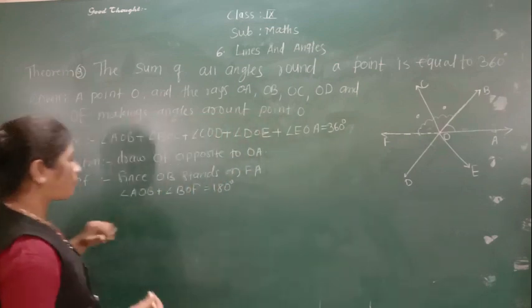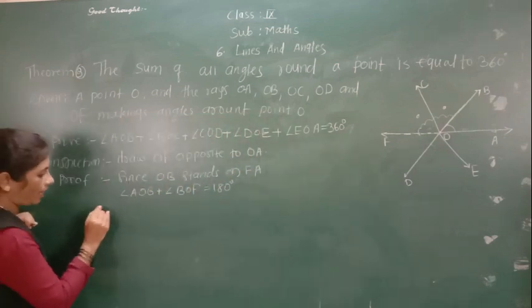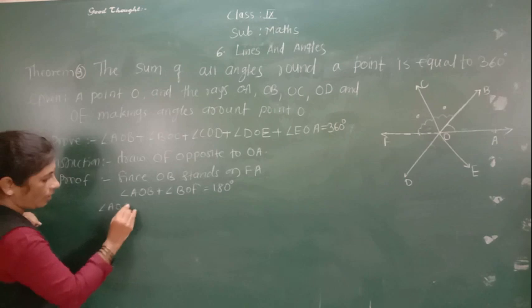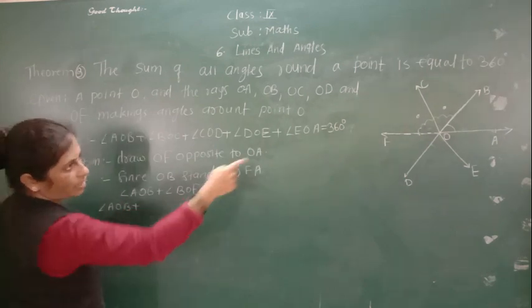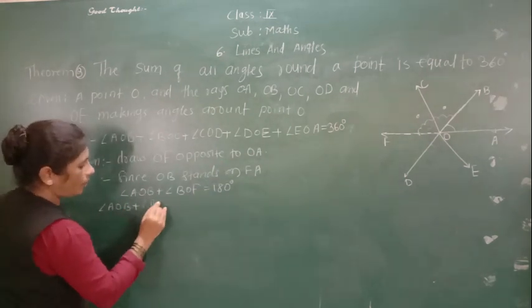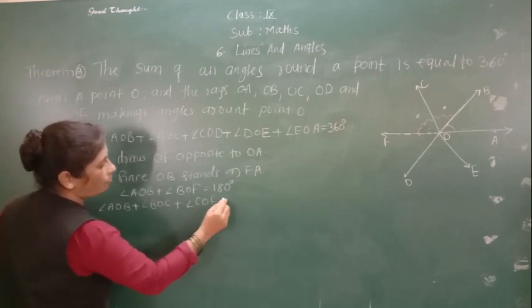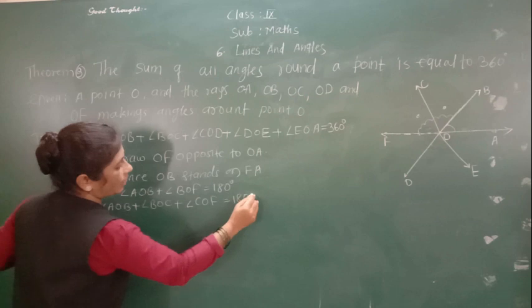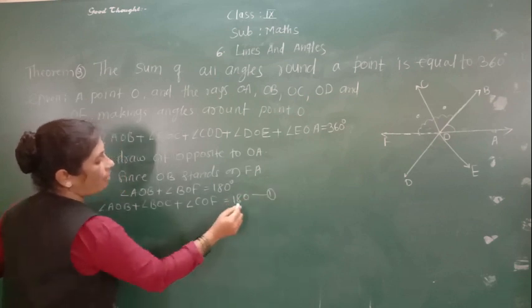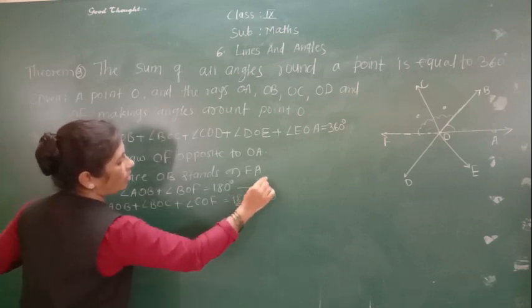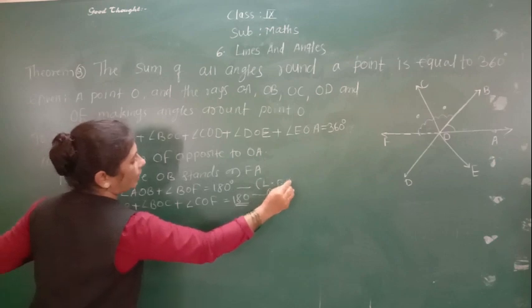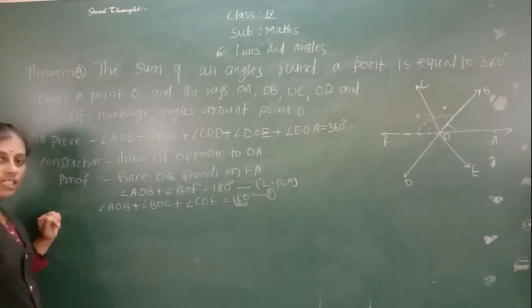So angle AOB plus angle BOC plus angle COF equals 180 degrees. This is your first equation, and it is 180 degrees because they form a linear pair.